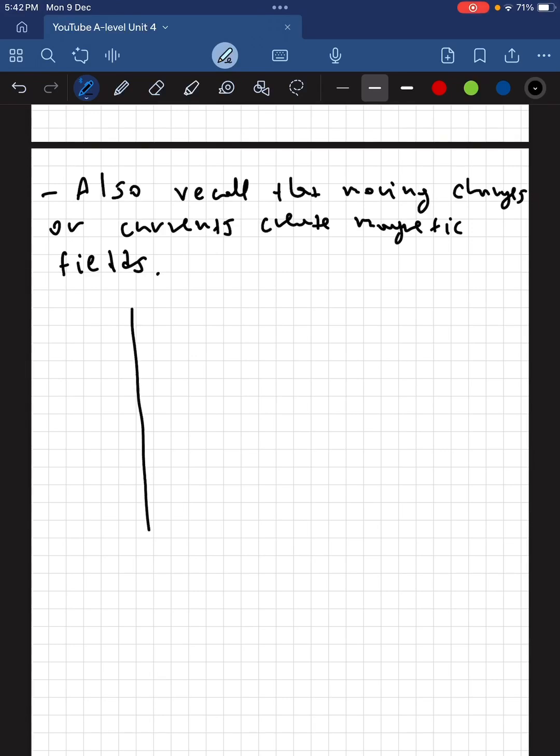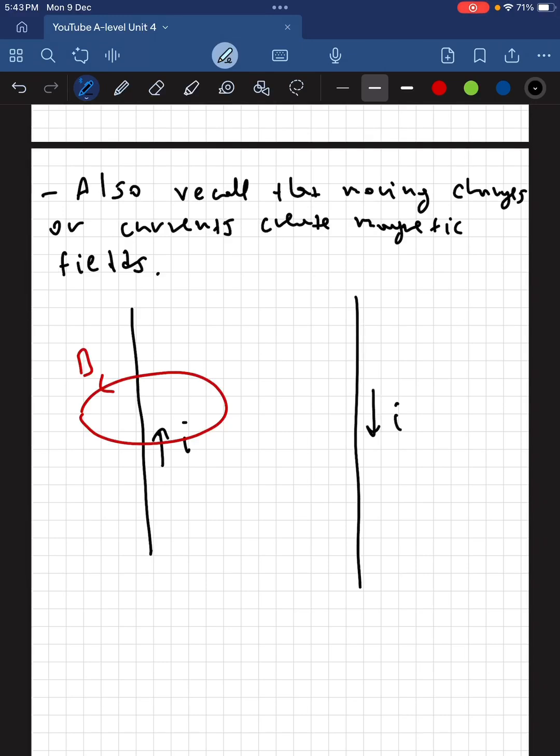Let's assume that we have a wire and a current moving up in this wire. Then this current creates a magnetic field: if we put the thumb of our right hand in the direction of I, then B curls around in the direction of our fingers. And if the current is going downwards, then again we put our thumb in the direction of the current, and our fingers curl in the direction of the magnetic field, which is now in the opposite direction.